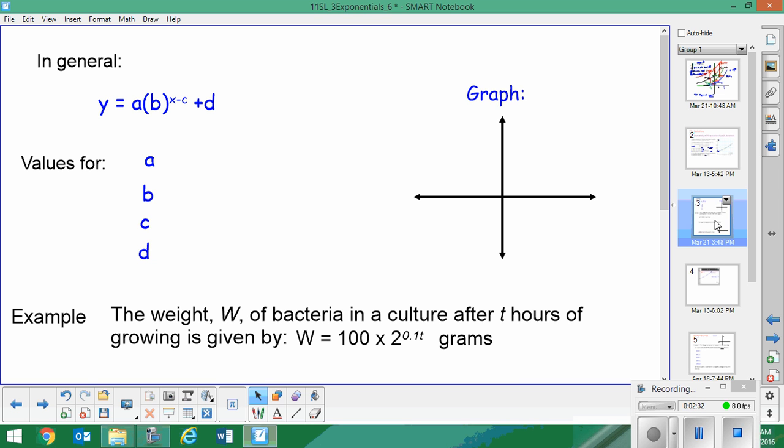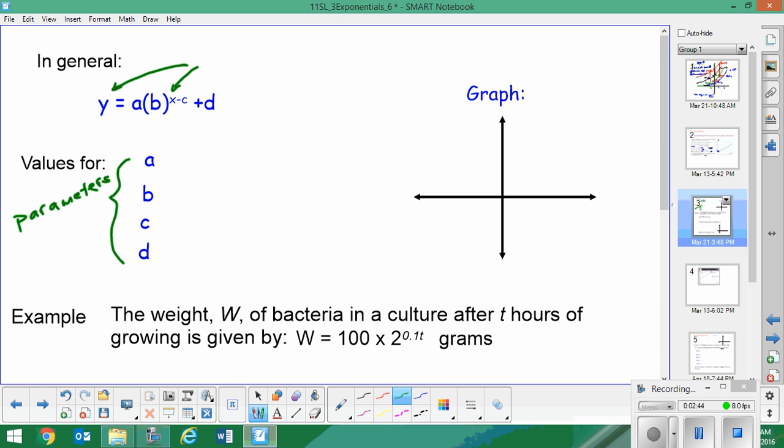Remember, a, b, c, d are parameters because they're affecting our equation, and x and y are the variables. So pause it, have a go, and then put it back on.